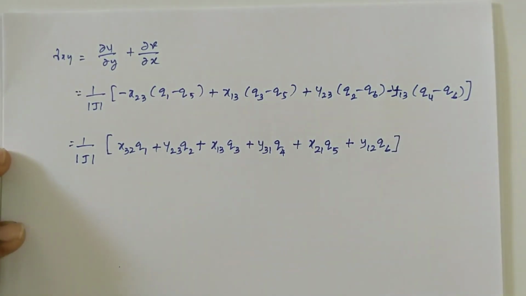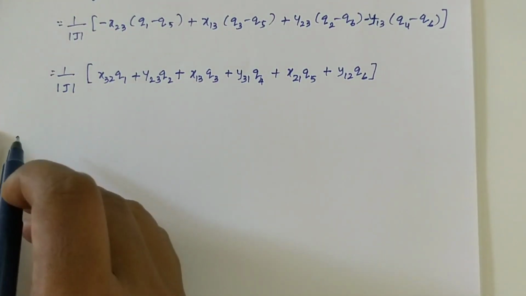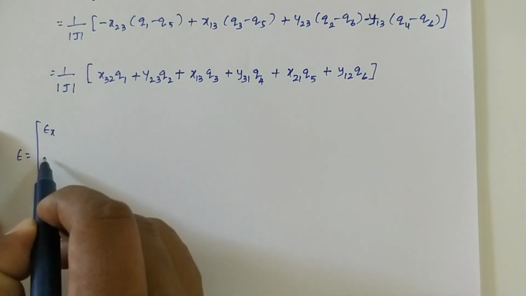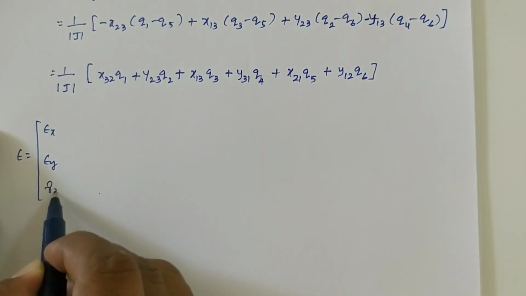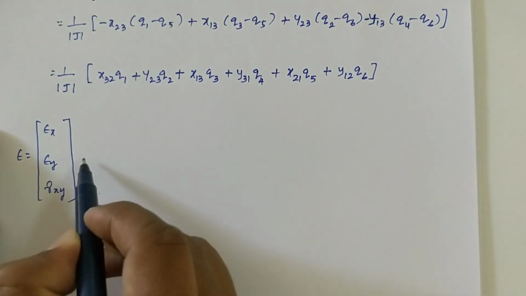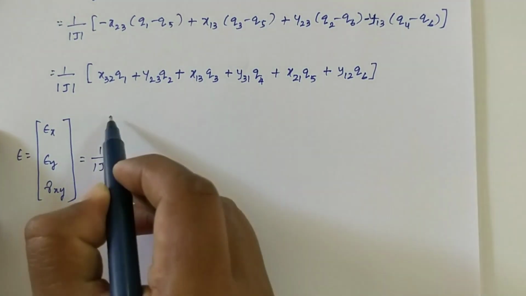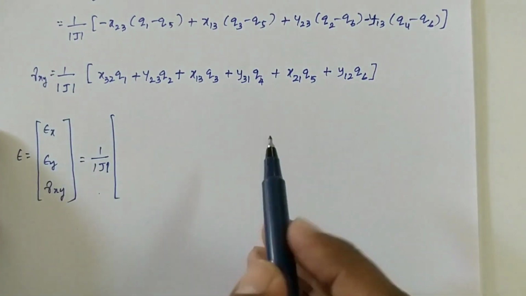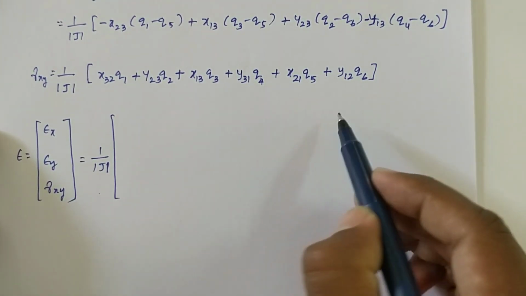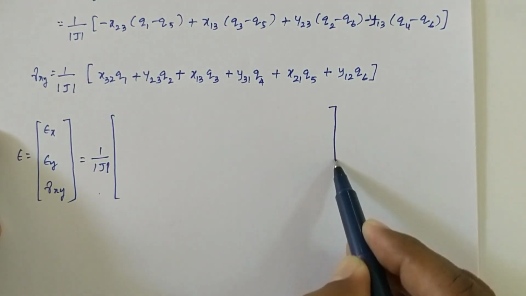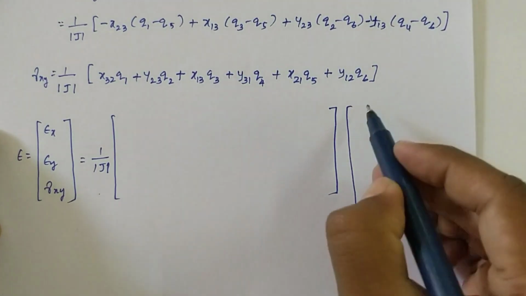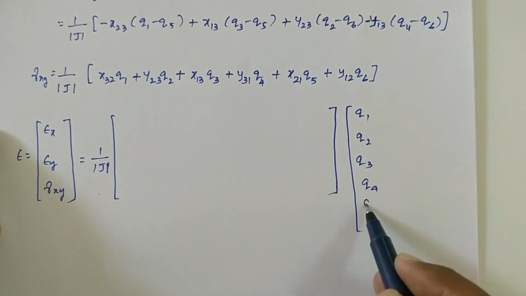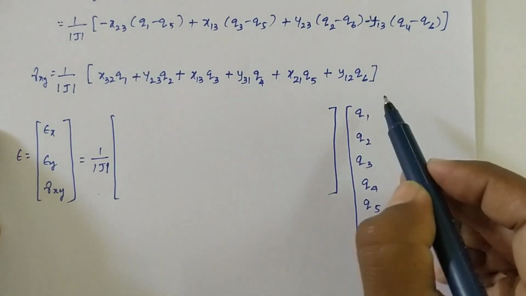Now finally writing into the strain matrix. Epsilon is equal to epsilon x, epsilon y, gamma xy. Now 1 over determinant of J is common, and we have 6 nodal displacements q1, q2, q3, q4, q5, q6.